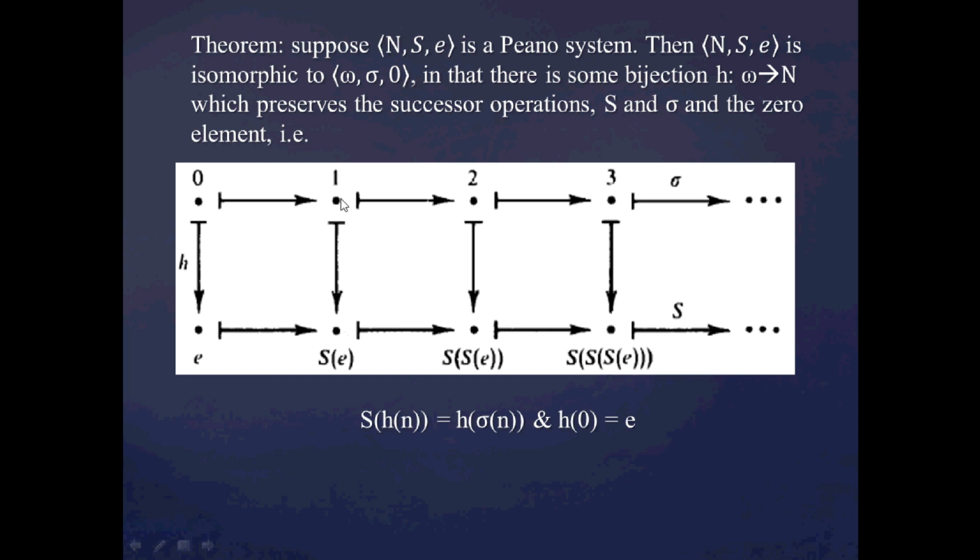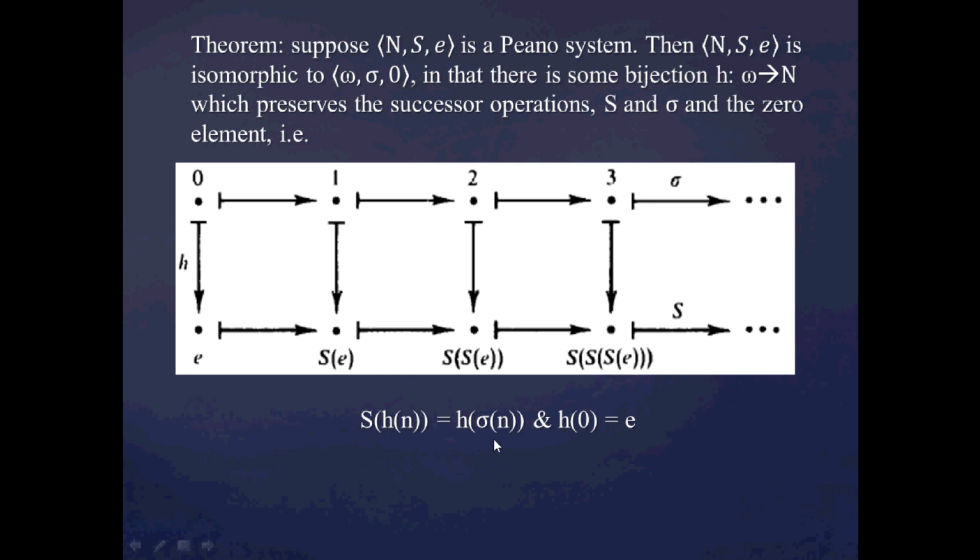So we want to have some way of mapping 1 to that element there, 2 to this element here, 3 to that one, and so on. And this is what's going to allow us to say that these two Peano systems, the one involving omega up here and the one involving n down here, are isomorphic in the sense that I can map each element of one set bijectively to the other one.